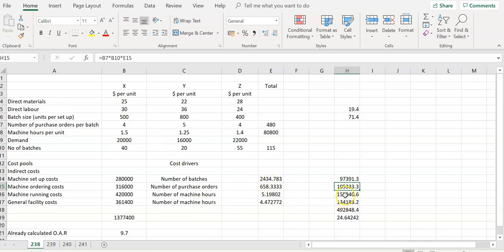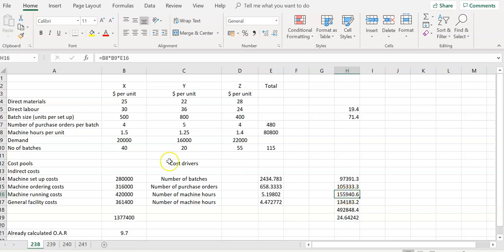Then in terms of machine hours, it says here that you have 1.5 per unit. So for a demand of 20,000, you can see what I'm doing here, B8 times B9: 1.5 times 20,000 times 5.19, because that's the cost per machine hour.